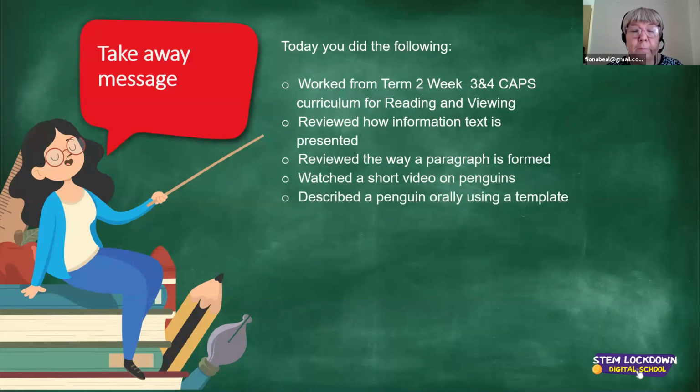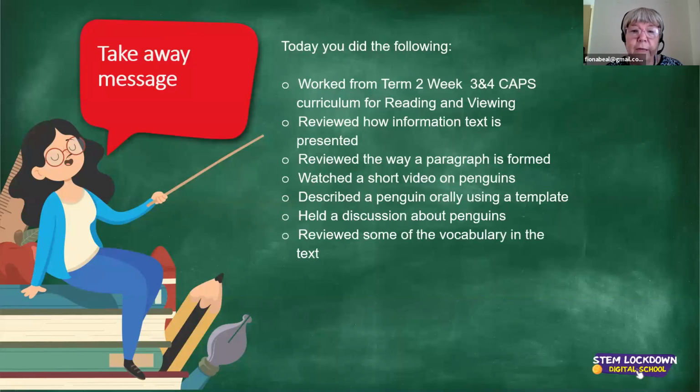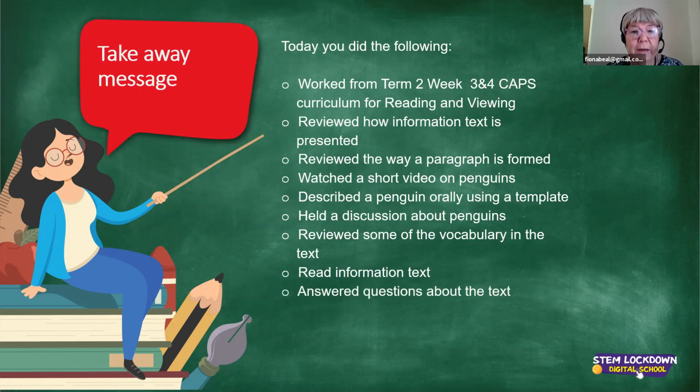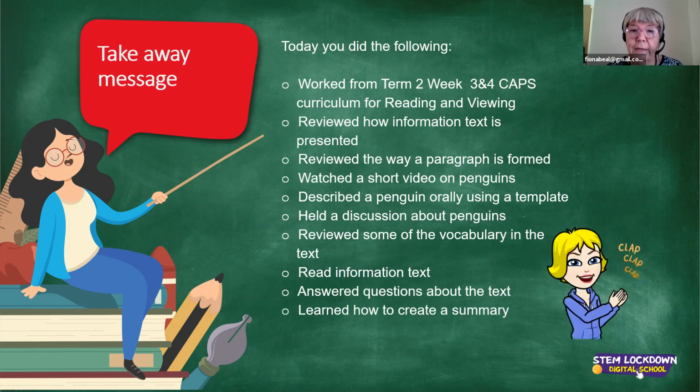You described a penguin orally using a template. You had a discussion about penguins. And you reviewed some of the vocabulary in the text. You read information text and answered questions about the text. And you learned how to create a summary at the end. Well done, everybody. Zamili, do you still want to say something?